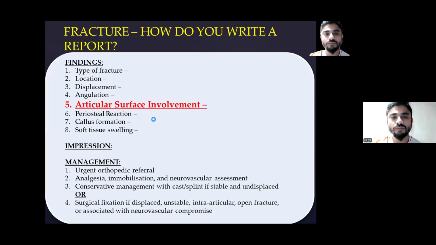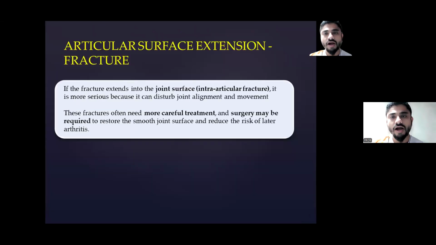Understood? Now moving on to the articular surface involvement, the fifth point: when to mention that there is articular surface involvement or not. So I urge students to mention joint surface involvement. It is always preferred to mention articular surface involvement, because sometimes you never know on the radiograph.